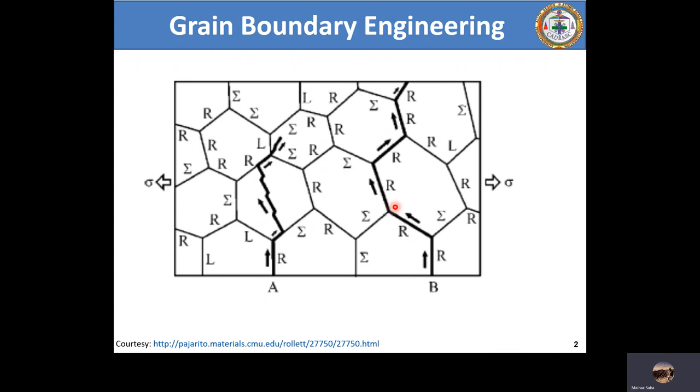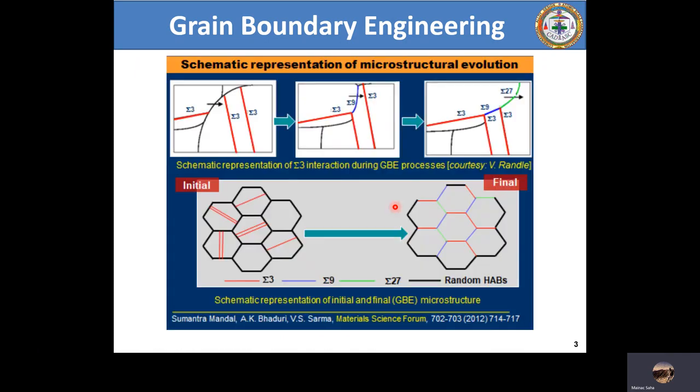Now this is a very good illustration from one of the earlier publications in this field, by Suman Mandal. It shows one interesting thing: in this microstructure the black colored line is the random angle boundary, and the red colored line is a sigma 3 boundary, a twin boundary.